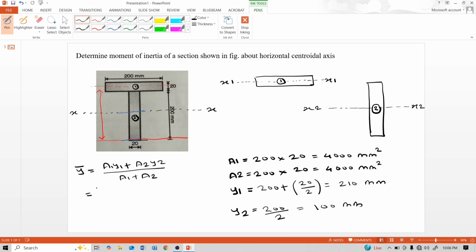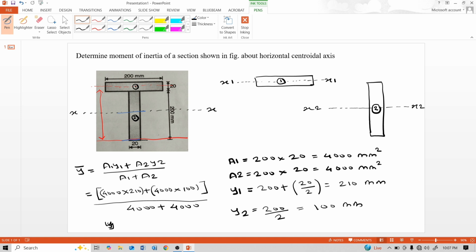A1 is 4000 multiplied by y1 which is 210, plus A2 which is also 4000 and y2 is 100, divided by A1 plus A2, 4000 plus 4000.